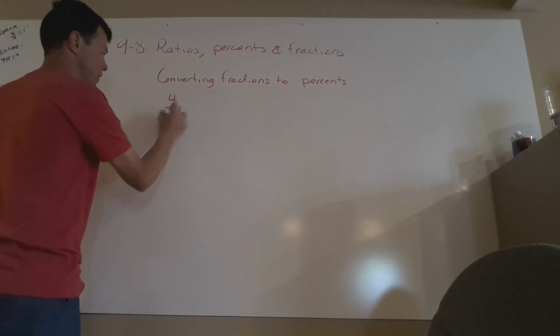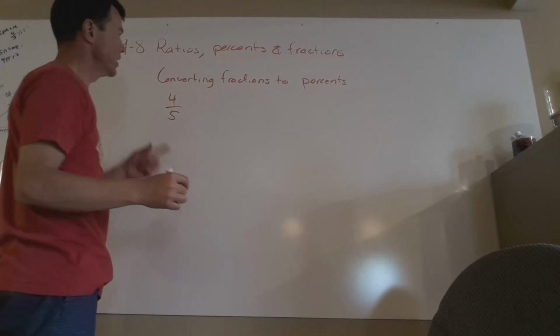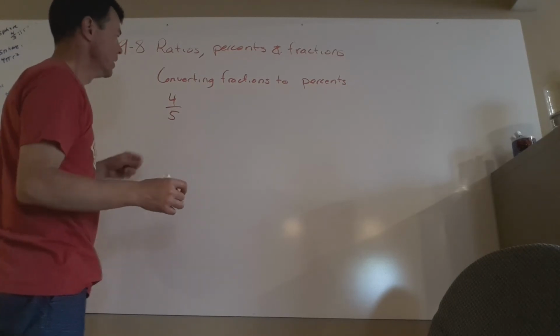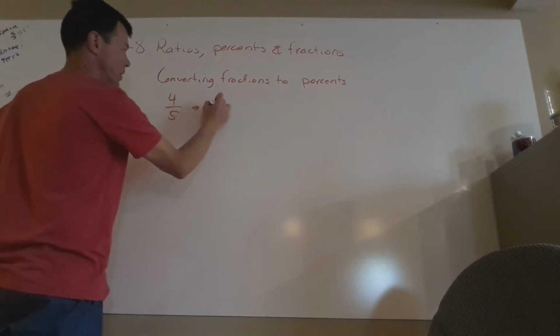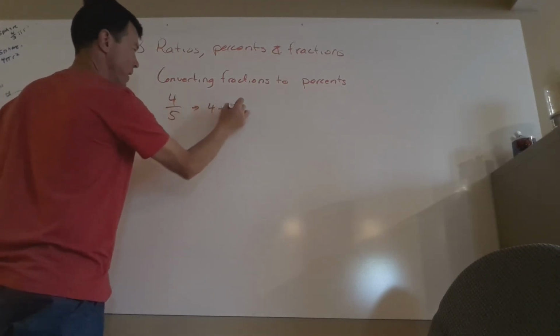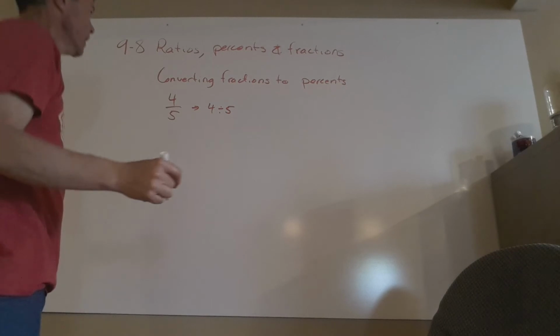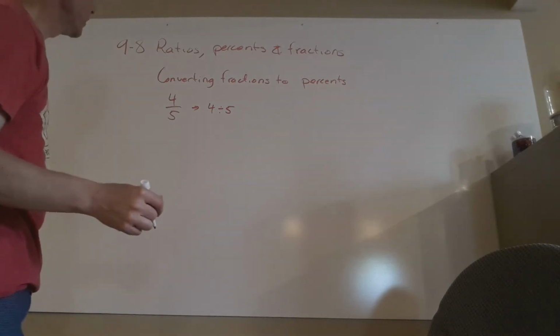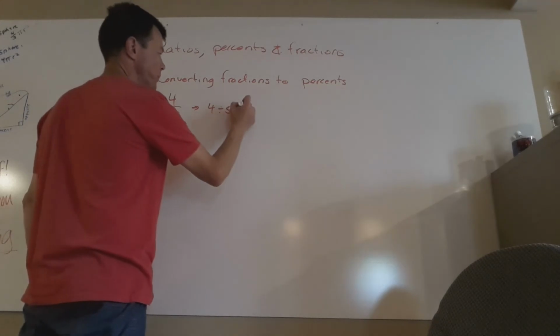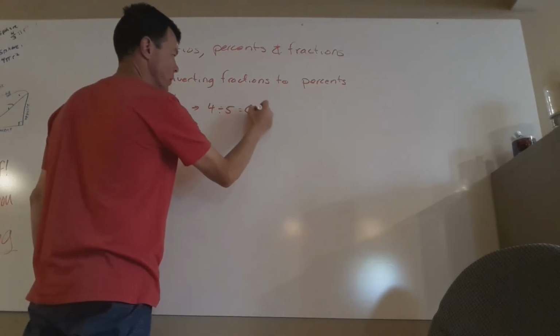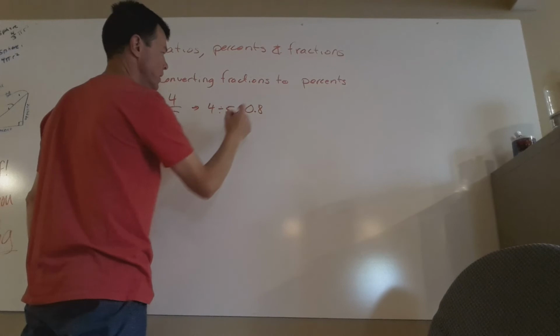Let's say we have 4/5. 4/5 is our fraction, and we want to convert it to a percent. This also means 4 divided by 5. If we did 4 divided by 5, you're going to end up with 0.8.